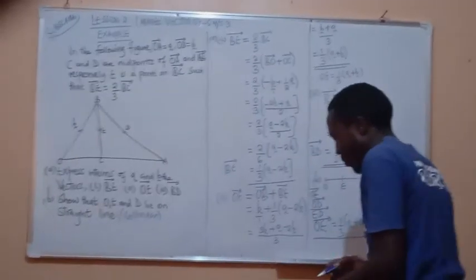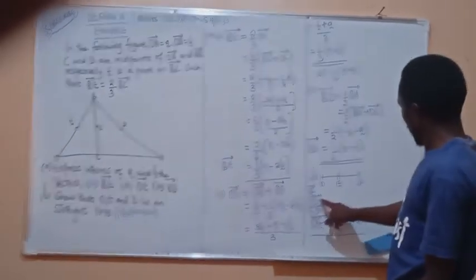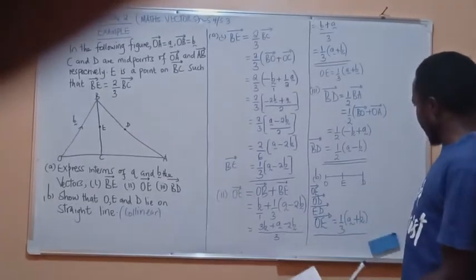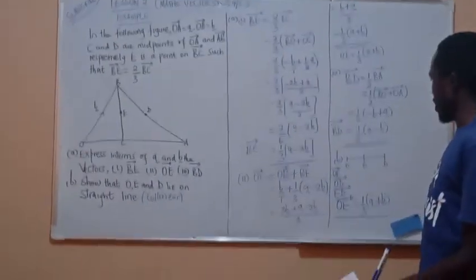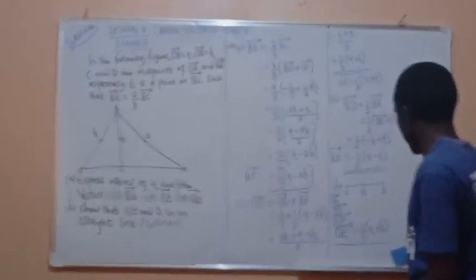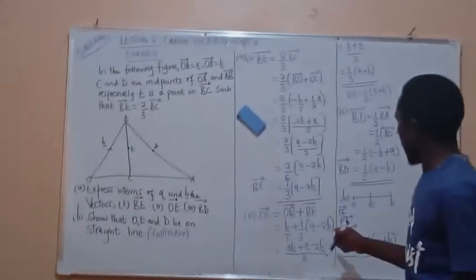So I need to look for any other point. I can use OD, I can use ED, depending on the easiest. Let me assume that I've used OD, but in your free time, try using ED and see if you get the comparisons like mine. So let me try using point OD.